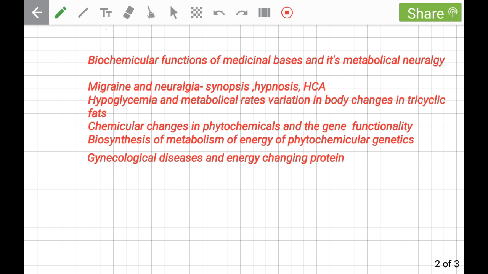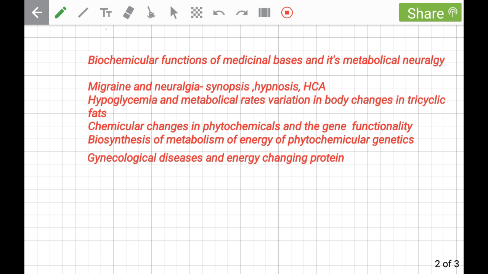It is the condition of various characteristics. So next is the chemical changes in phytochemicals and the gene functionality. Chemical changes should be there in the phytochemicals. The phytochemicals have a phylogenetics that makes the proteins and analogy of components.